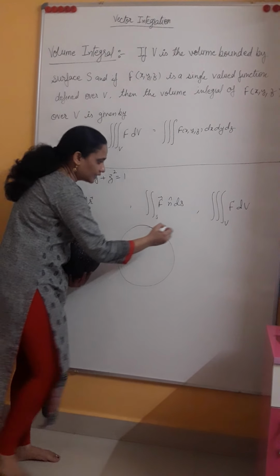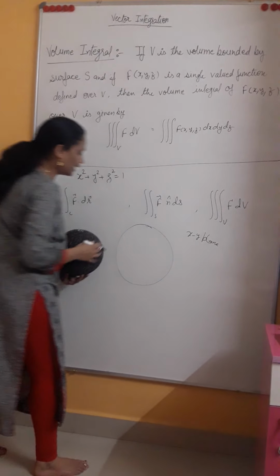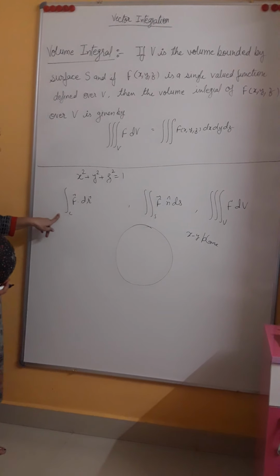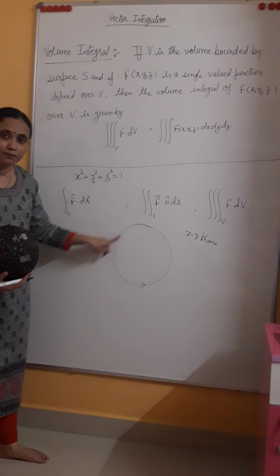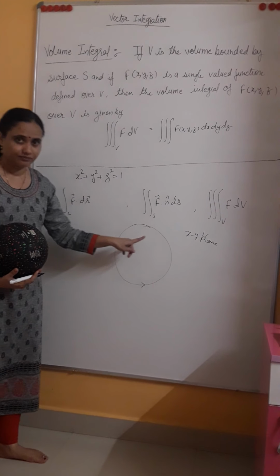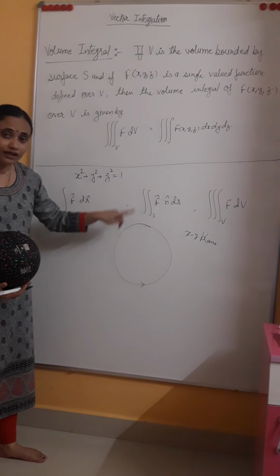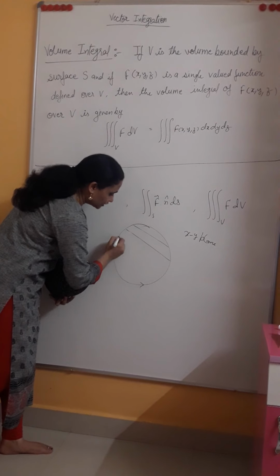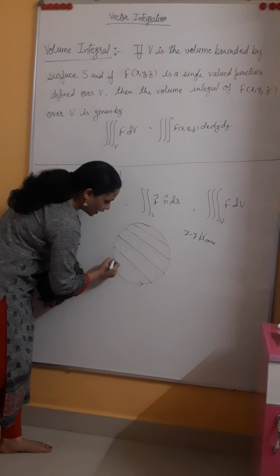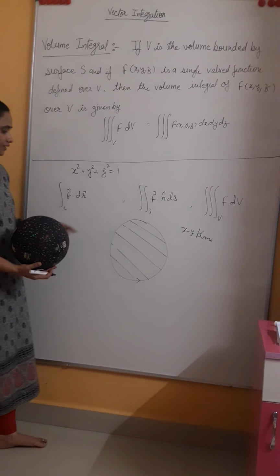Say this is the xy plane. For a line integral we move along the perimeter of the circle, whereas in a surface integral we move over the area, which is two-dimensional. And in a volume integral, as we have discussed, we go along the third axis also.